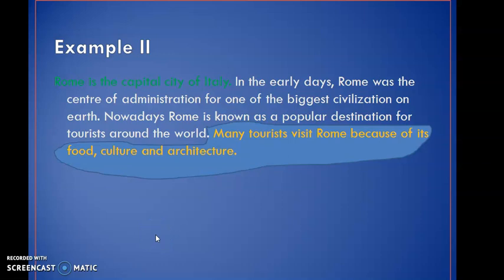If you would like to read about the culture in Rome, you will go to the second body paragraph. And if you would like to read about architecture in Rome, you will go to the third body paragraph. So this is like a map to the readers. When you read the thesis statement, it helps you to get the main idea and also it guides you.